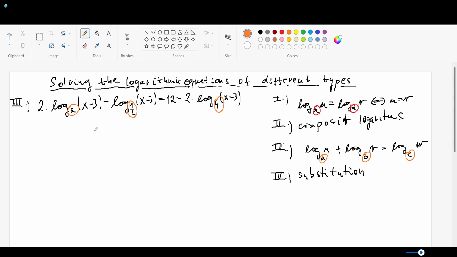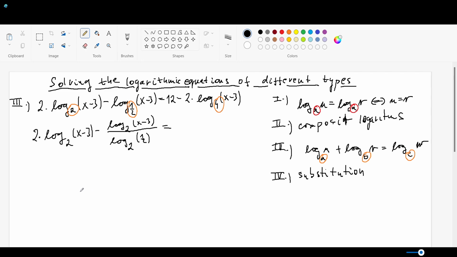It is a clever idea to use a common base, and then we will use the change of base rule to rearrange this equation like this: 2 times log base 2 of x minus 3, minus, and here comes the change of base rule, so we rearrange this one as log base 2 of x minus 3 over logarithm base 2 of 1 over 2, is equal.